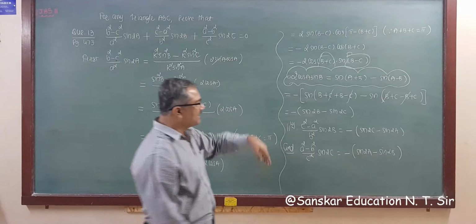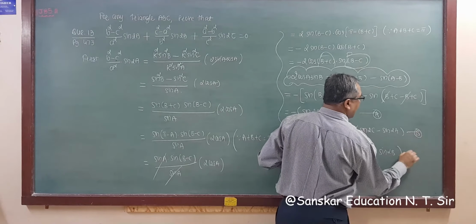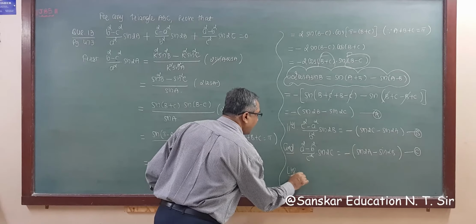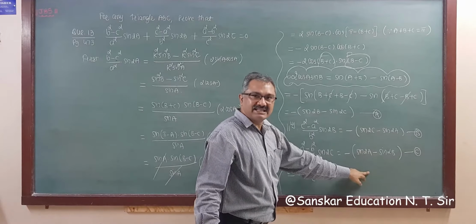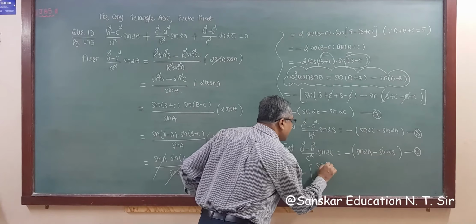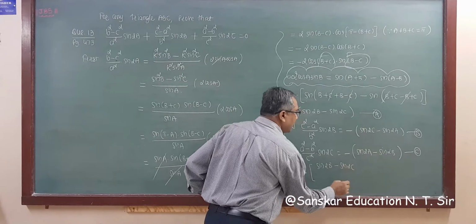So adding these three results from A, B and C. So your left hand side will be minus is common. So this plus this because we are taking minus common. So answer is sine 2b minus sine 2c, right?